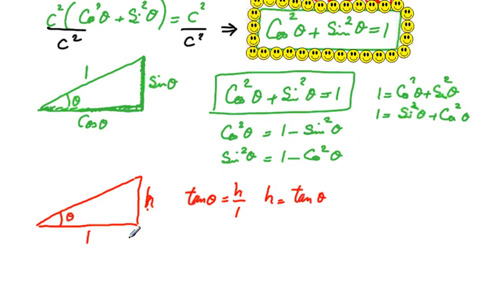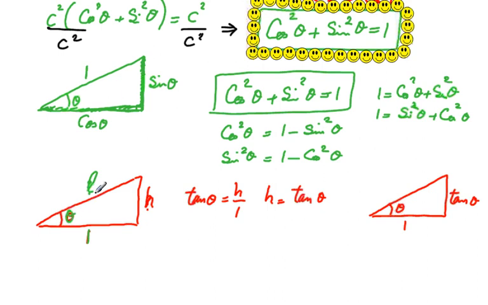Again, this is something that we saw in the unit circle approach. If this is 1, opposite is going to be tangent of theta. So far, if this is theta, this is 1, this is tangent of theta. Next, do you remember any kind of definition that connects these three quantities, this 1, theta, and this guy? Let's call that one L. I want a definition that, okay, cosine will work.